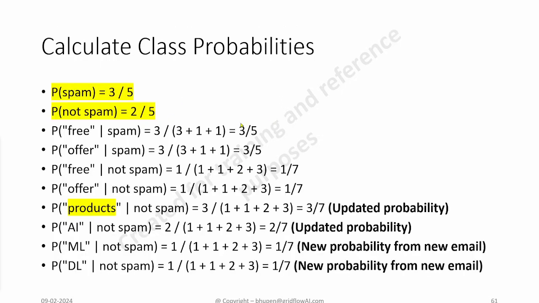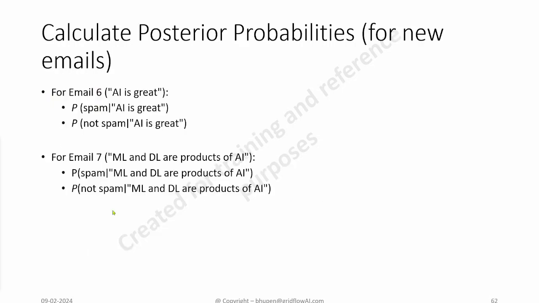Now with this new count, we are going to recompute the prior probabilities. Just like we did for the other tokens, we will do the same with the products as well. So the updated probability for the products is now 3 over whatever is the number of tokens in that particular class. So that got updated. Likewise, you're going to do that for AI is great.